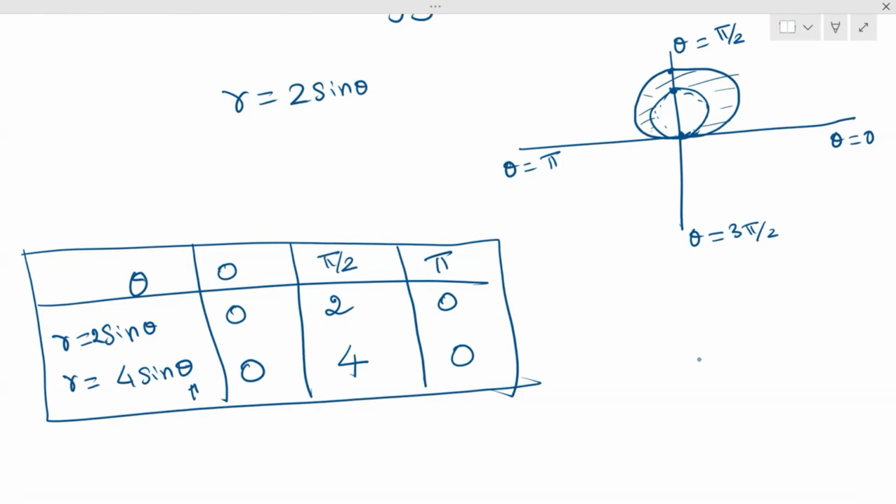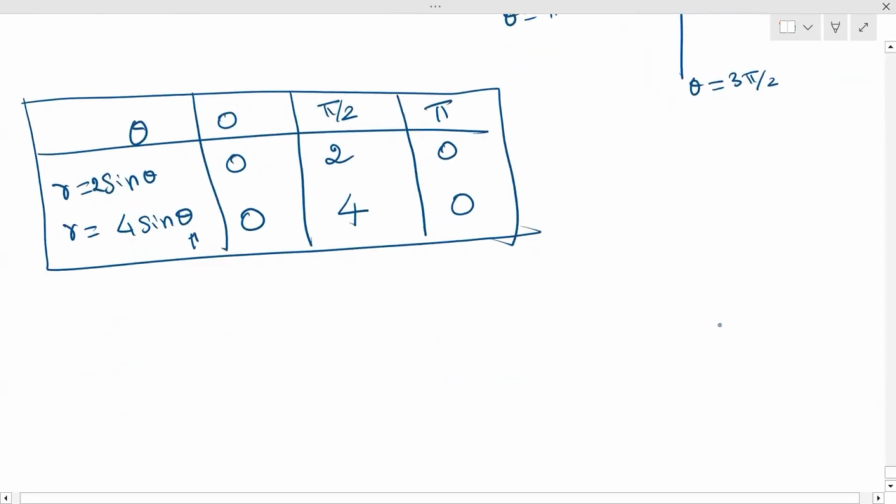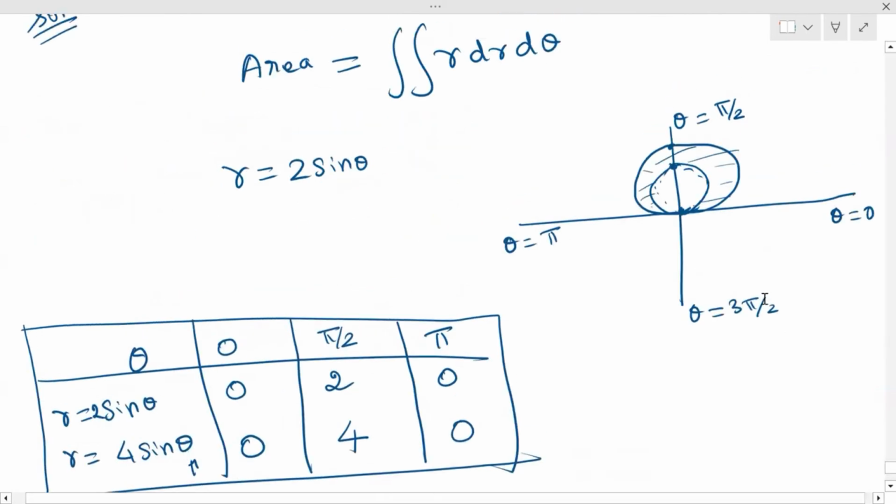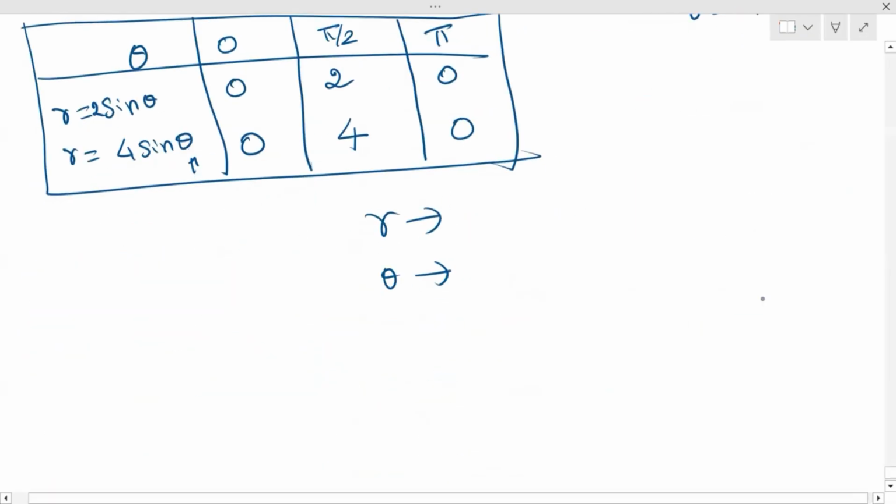Okay. Now we have to find out the limits. The limit is very important, the r limit and theta limit. r is nothing but a ray from the origin. See here in the region, the r touches here and here. So here the equation of r is 2 sin theta, that is the small circle. Here it touches this circle whose equation is r equal to 4 sin theta.